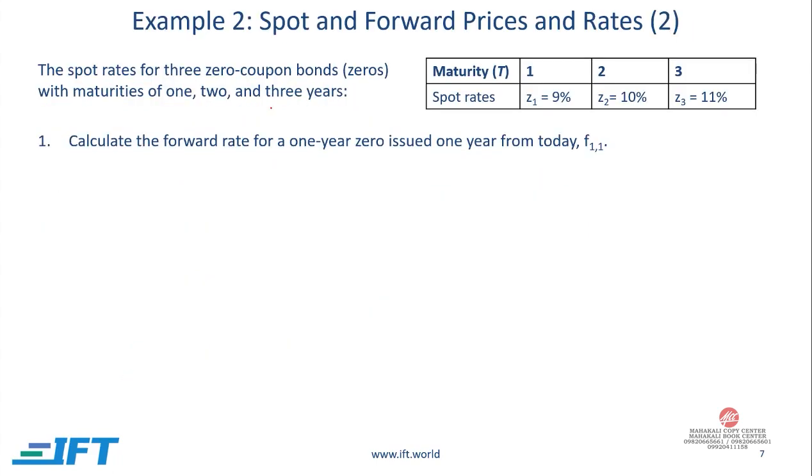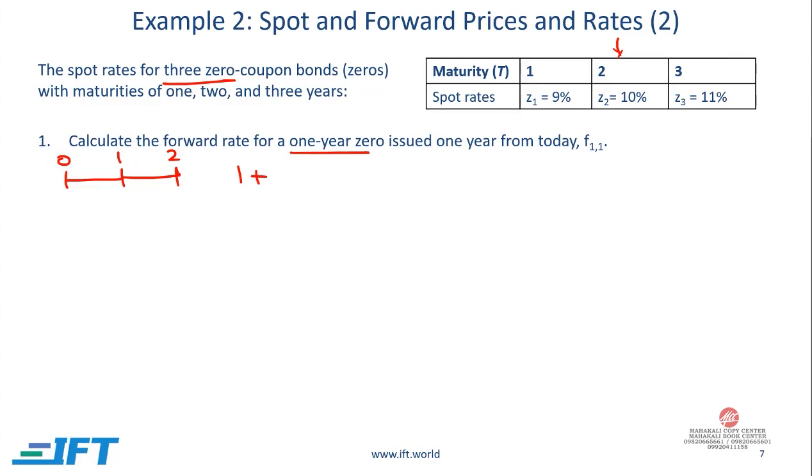All right, now let's look at an example. The spot rates for 3 zero coupon bonds are shown over here. Calculate the forward rate for a 1-year zero issued 1 year from today. So F(1,1). Let's make sure we understand what's going on here. We have 2 periods, 0, 1, 2, and we can use the same formula that we have just discussed. So (1 plus Z2) squared, what's Z2?